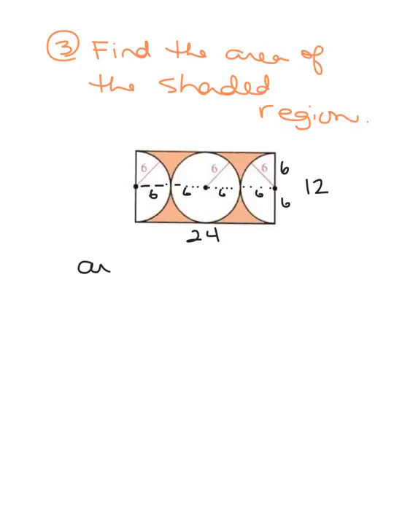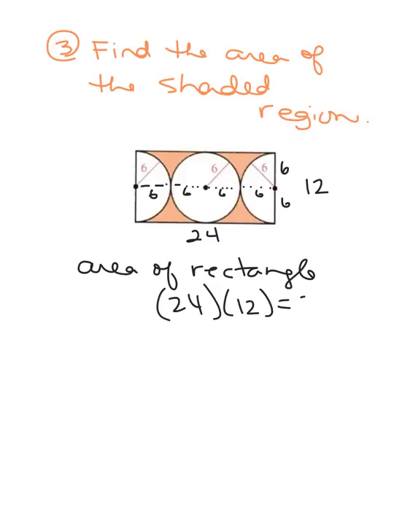So the area of my rectangle is 24 times 12, which is 288. Now I need to subtract out my circles. So I have one full circle in the center, and then I have 2 half circles or semicircles.